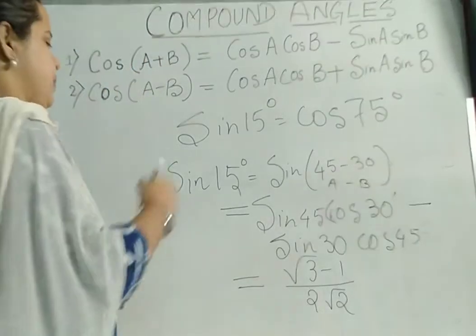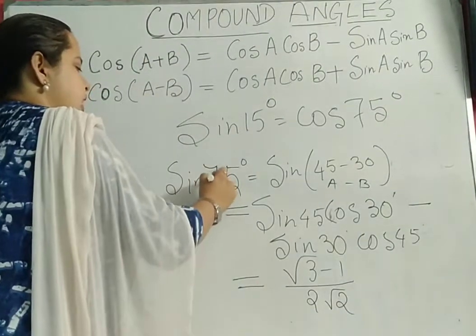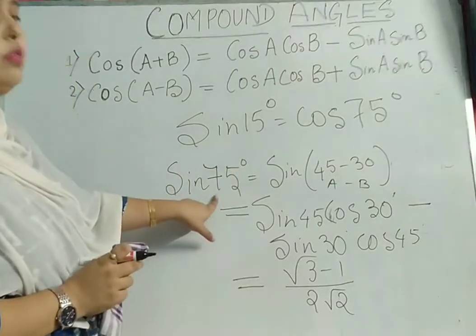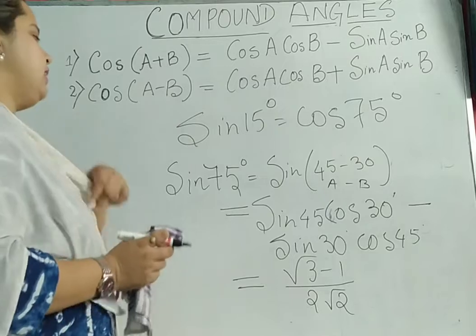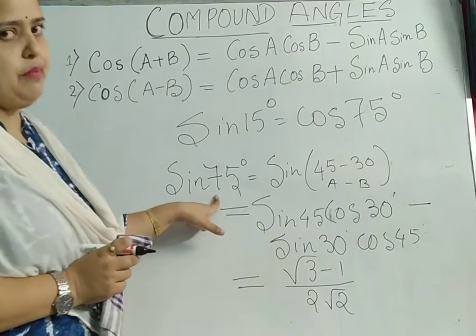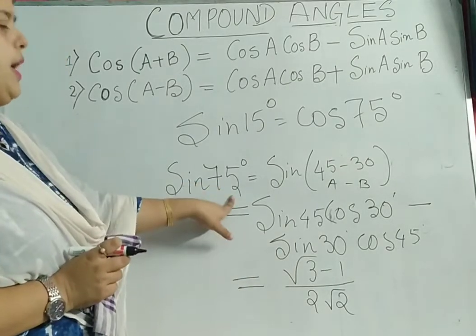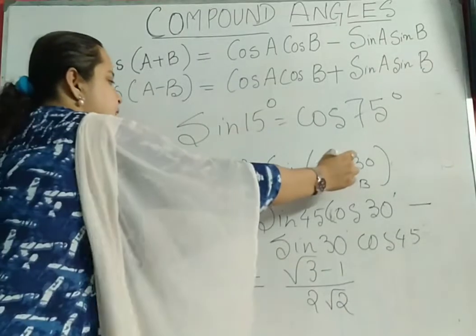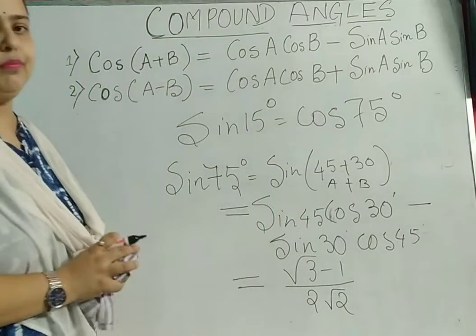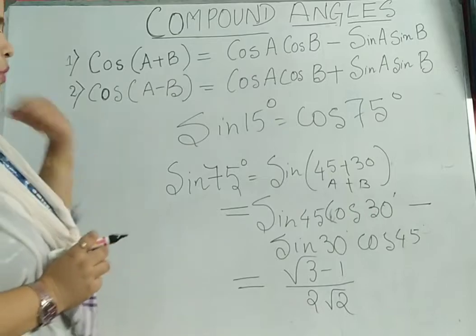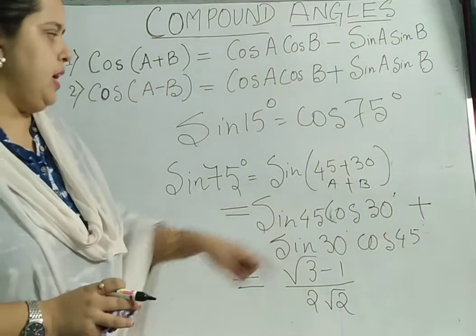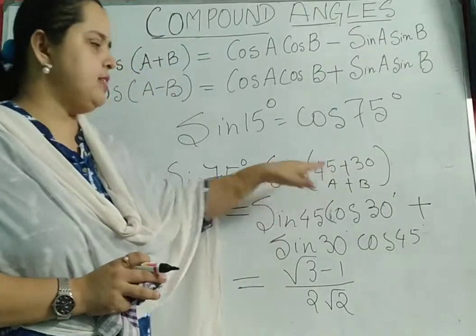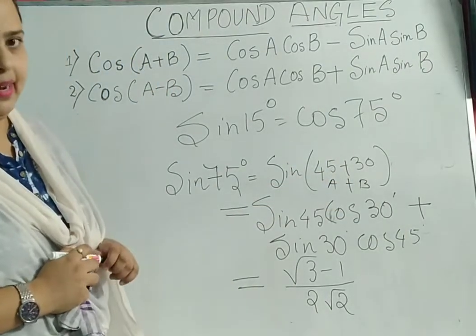Correct. Now, if I'm going to change this 15 degree to 75, please do focus here on what I have done. In the place of 15 degree, I'm writing now 75 degree. That is, an addition comes here. Okay. So, what is the formula change? There will be an addition sign against a plus sign. Correct.